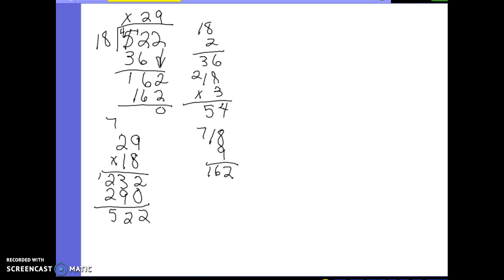Okay, we're going to do one more. Let's do number 10. 529 divided by 37. And this is number 10. And this was number 9. How many 37s in 5? None. How many 37s in 52? 1.